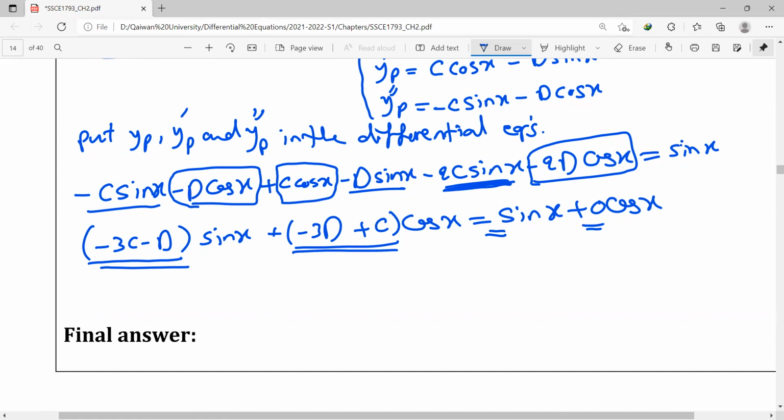We say minus 3c minus d equals to what? Equals to the coefficient of sine in the right hand side. What's the coefficient of sine? It's 1.